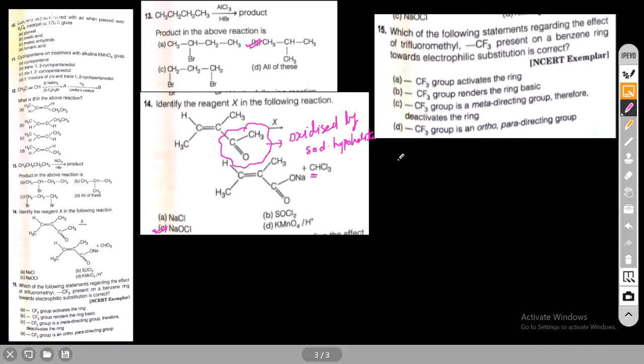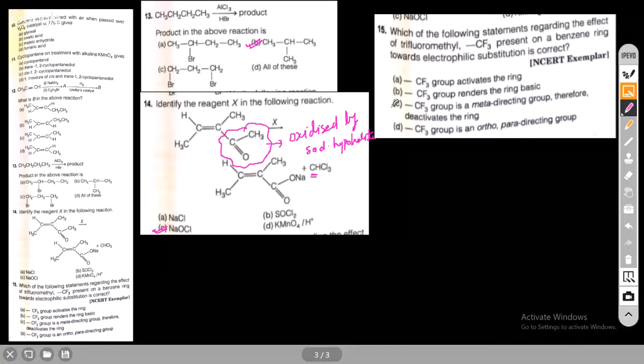What is the answer? Question number 15. Anyone there? Mathli is getting C. Okay. So Mathli and Sayuja are getting C, and option C is correct. Question number 15. Option C is correct.